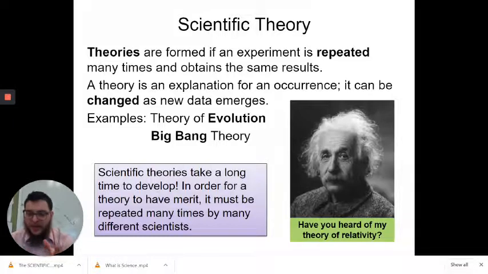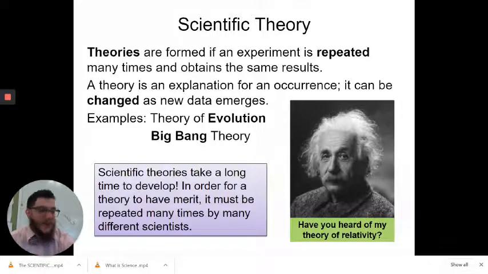In order to be a theory, it has to be tested and tested and tested and tested, and that it's accepted as an acceptable theory. Now, when it's a theory, it means it's been tested by hundreds, usually, of people, thousands of people in that specific field, and they have yet to find that the experiment has yielded anything but the original.